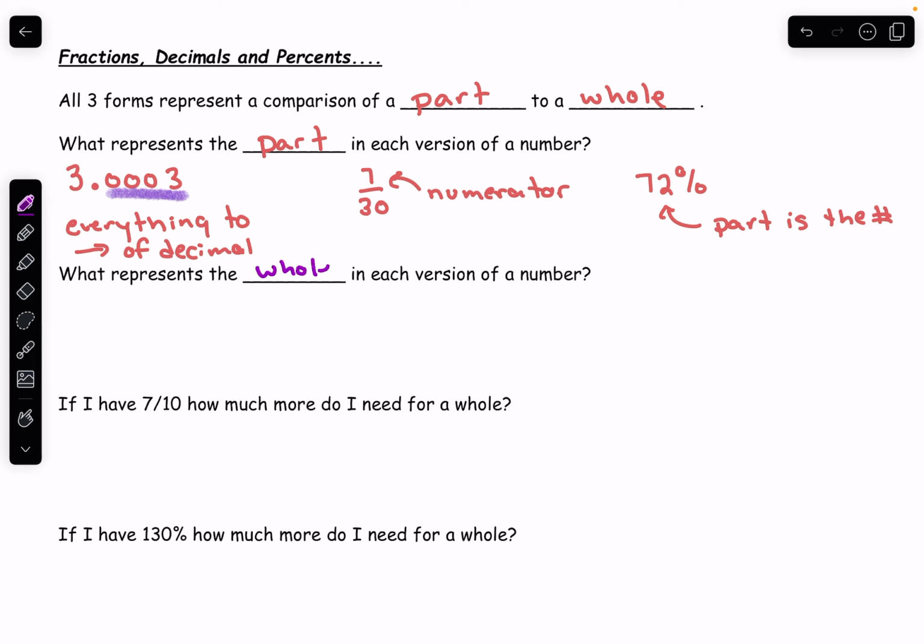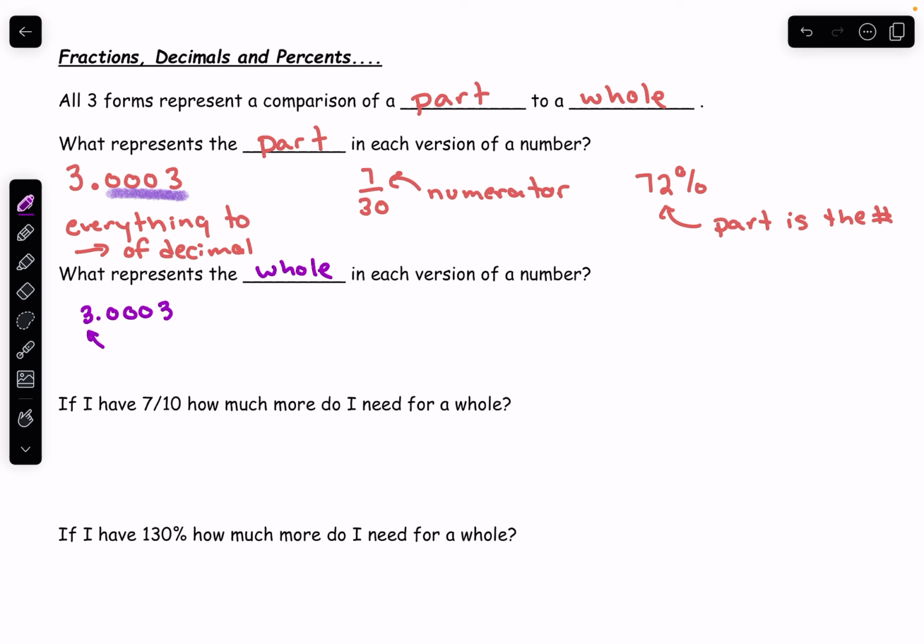All right, so in that same decimal, 3.0003, where am I looking at what represents the whole? And in a decimal, when you're writing a decimal, the number in front of the decimal represents how many wholes you have.